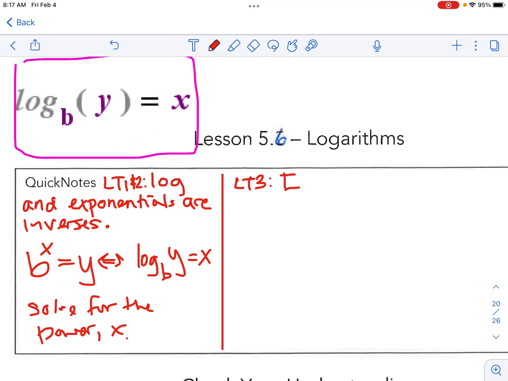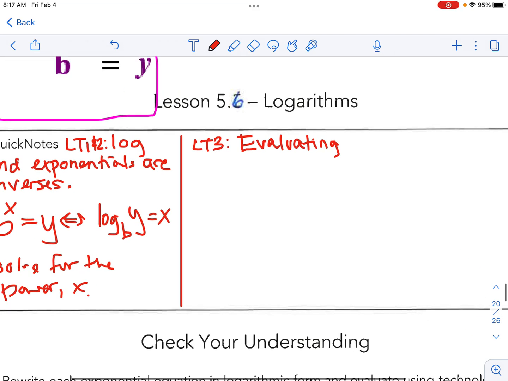So learning target 3 is focused on the relationship. For example, I'll pick one out of the homework. Does log base 2 of 8 equal 3?